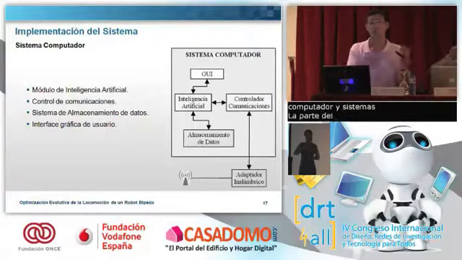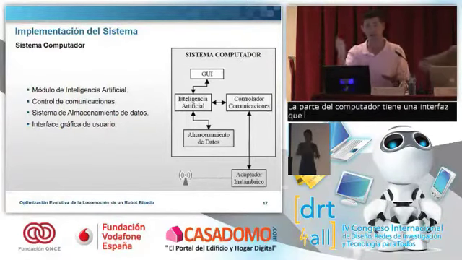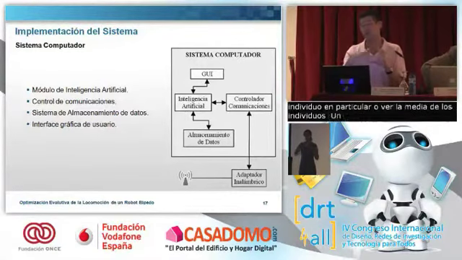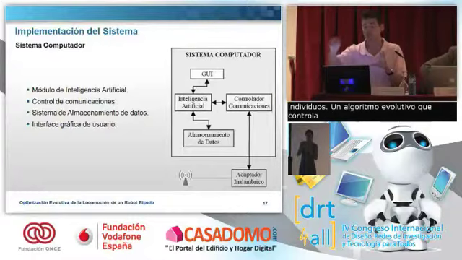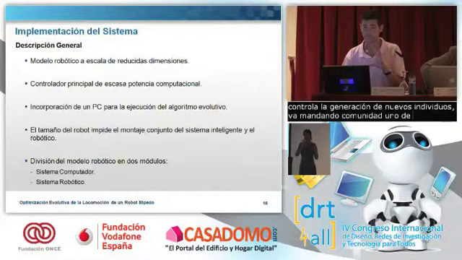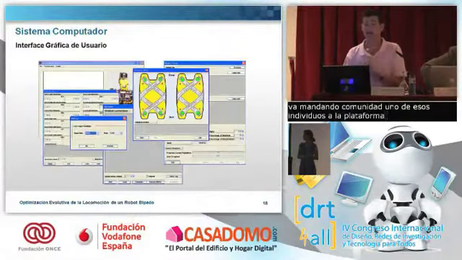The robot has an interface that allows us to see a specific individual compared to others, or an average of the individuals. It also has a communication control that sends information to the different individuals.